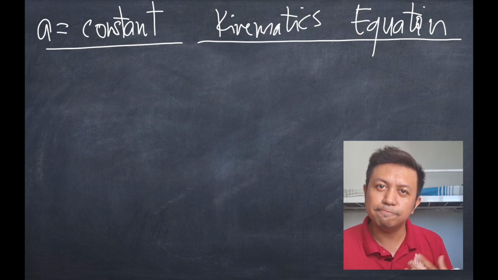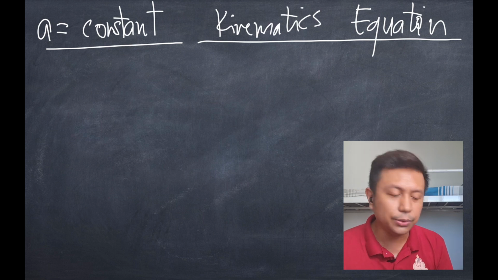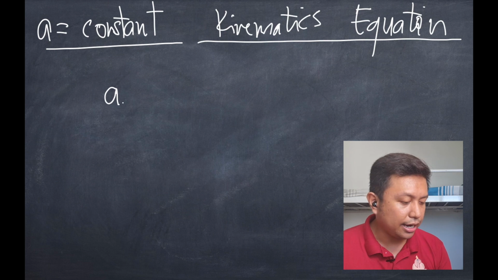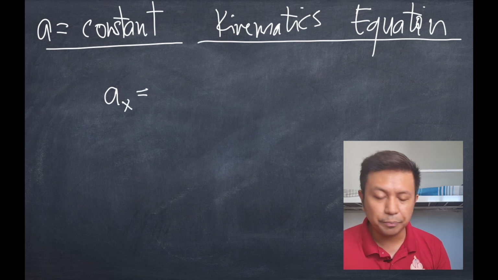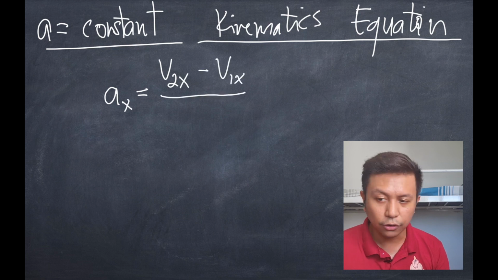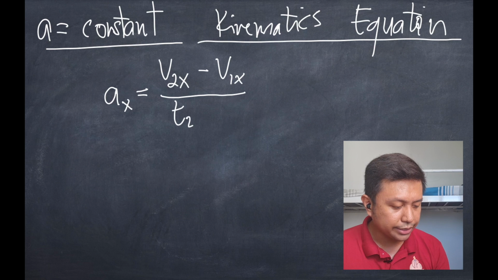From the previous videos that I linked with you, we know that acceleration a of x is equal to v2x minus v1x all over t2 minus t1.